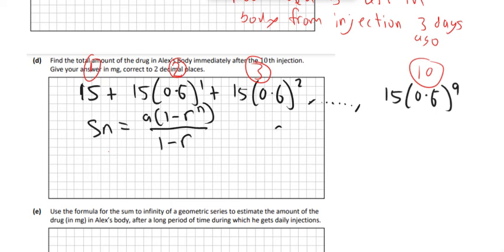In this case, a will be the first term, so that's 15, and r will be what it's being multiplied by each time, so that's 0.6.